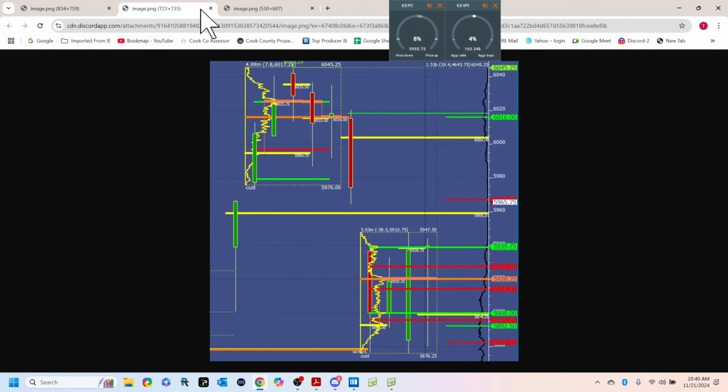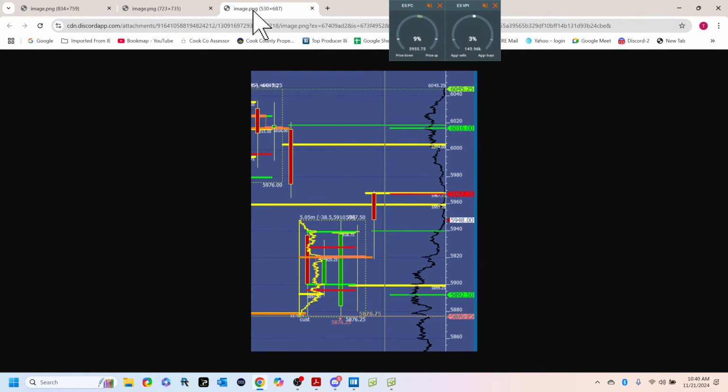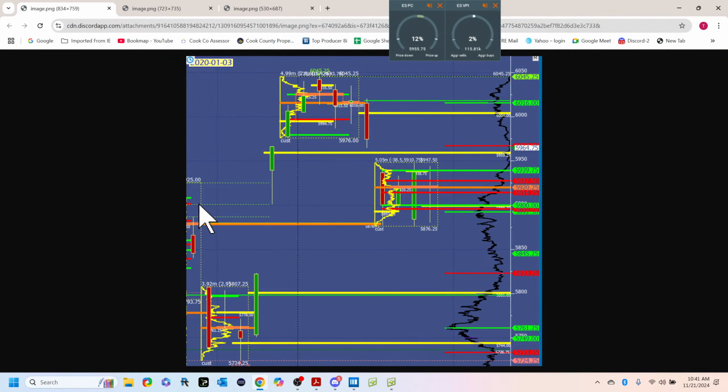Now I'm going to just show you a little clearer. You can see it here, okay? Right there. So it's 67.25. Now this red line is on the price map before today opens. This is on the price map, 59.20, before the market opens. Just to show you that I'm not making it up.